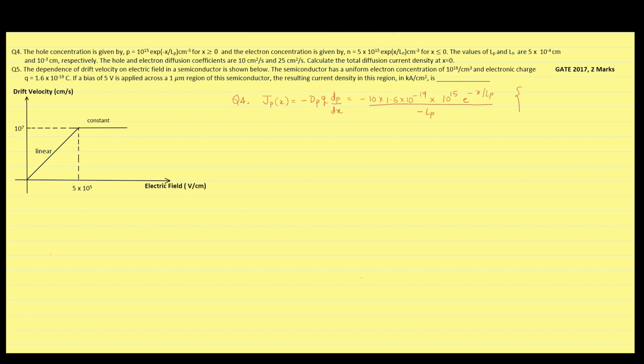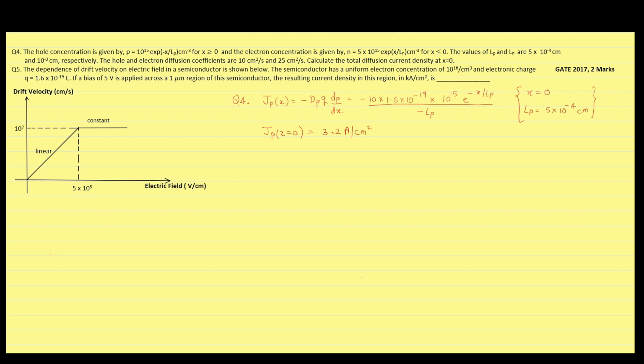Since we are supposed to find the diffusion current density at x is equal to 0, we have to put value of x equal to 0, and also diffusion length of holes is provided 5 into 10 raised to the power minus 4 centimeter. After putting the value of diffusion length in the expression and calculating, we will get the diffusion current density due to holes at x is equal to 0 to be equal to 3.2 ampere per centimeter square.